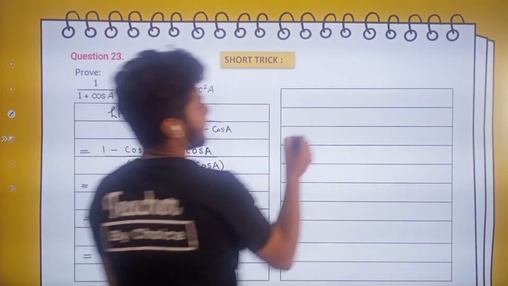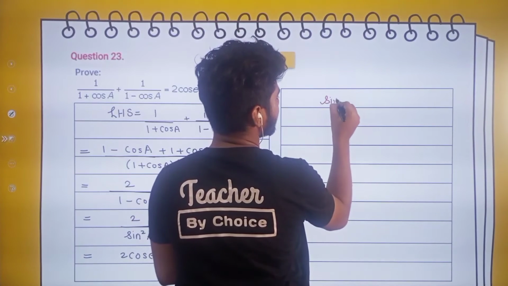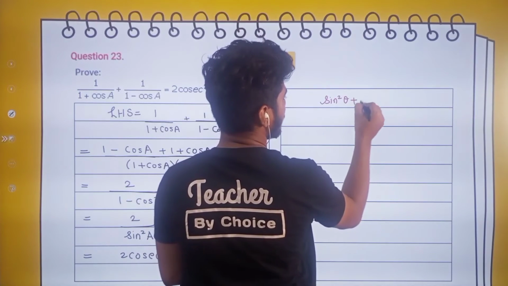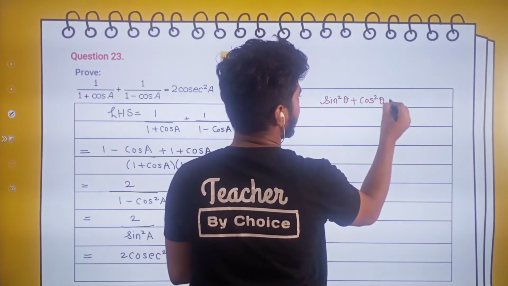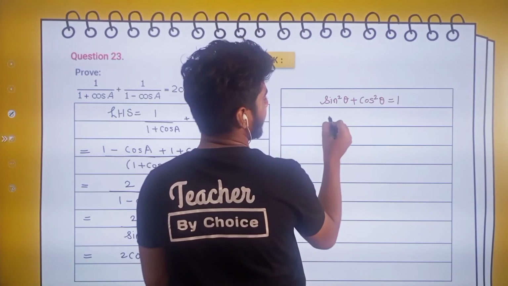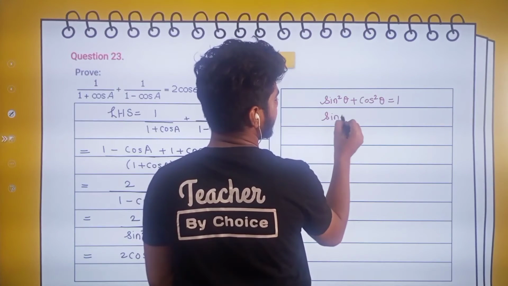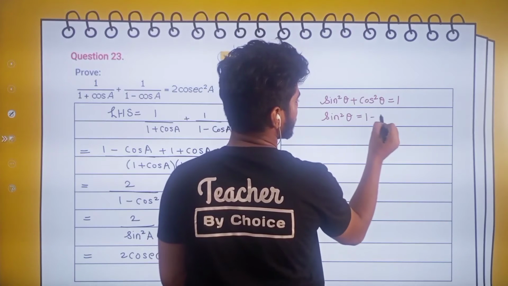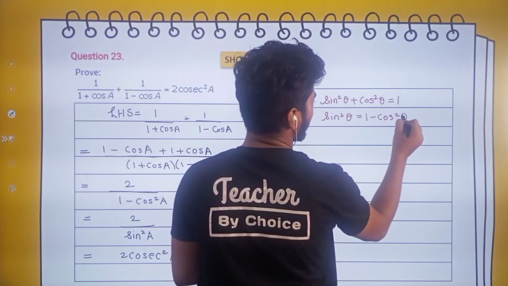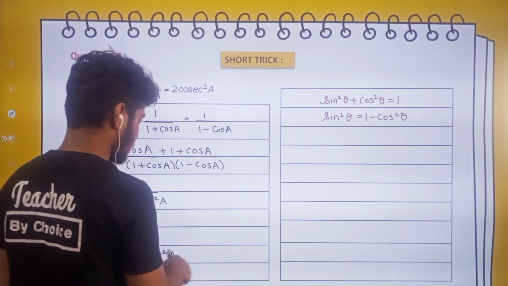See, whatever we have used, I am writing here. We have used sin square theta plus cos square theta equals 1. Sin square theta is equal to 1 minus cos square theta. Then cosec square theta.